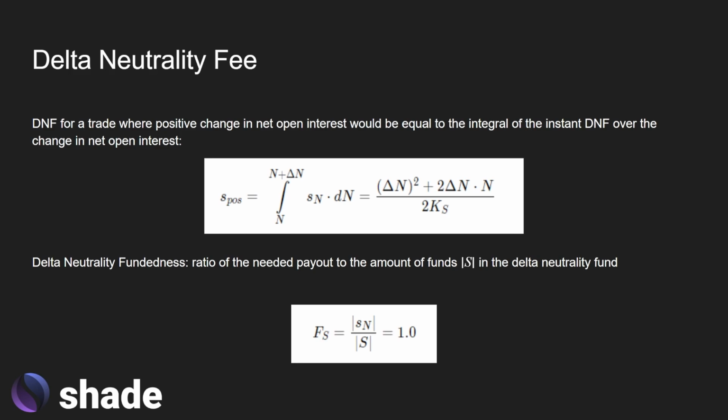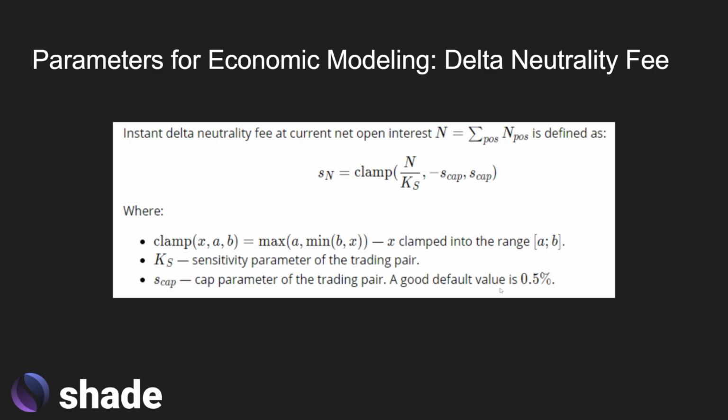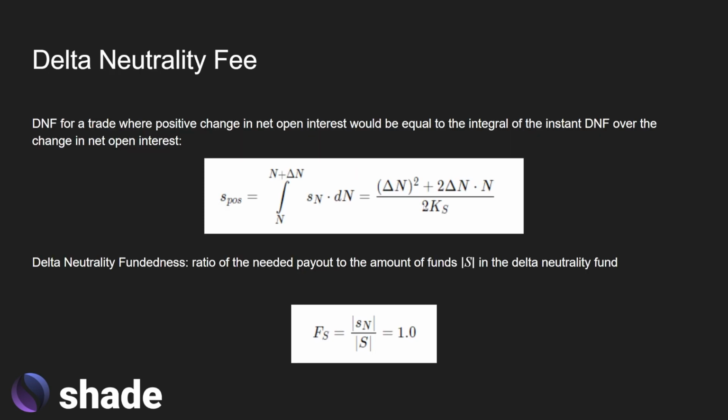So in order to do this integral, you'll need to keep in mind the equation for the instant delta neutrality fee, which we discussed here. So basically n over k. To integrate it, we need to consider where the clamping occurs. We already said your min value is the negative value for your DNF cap, and your max value is the positive value for your DNF cap.